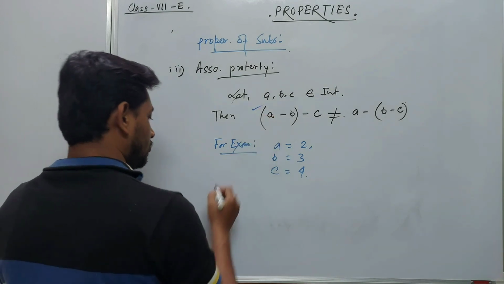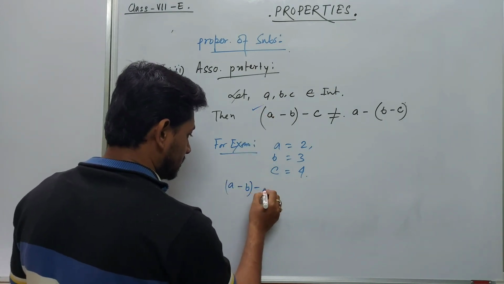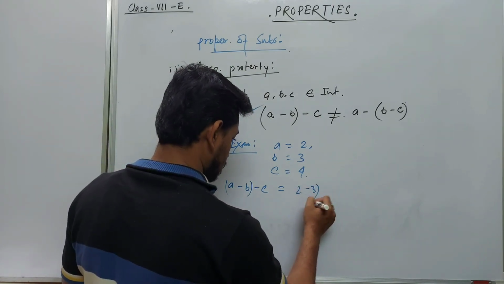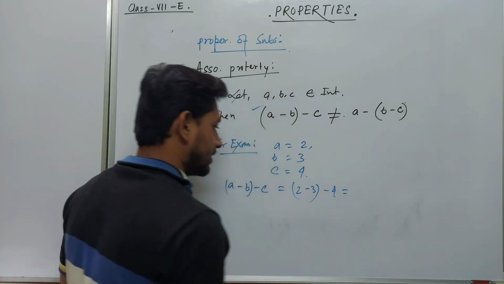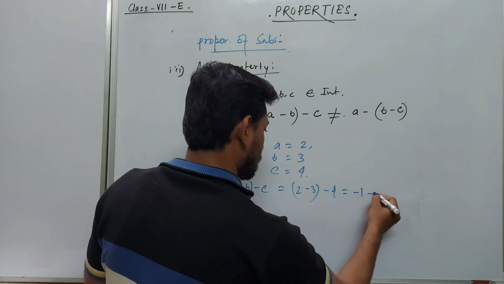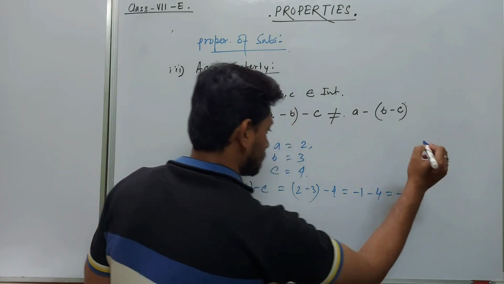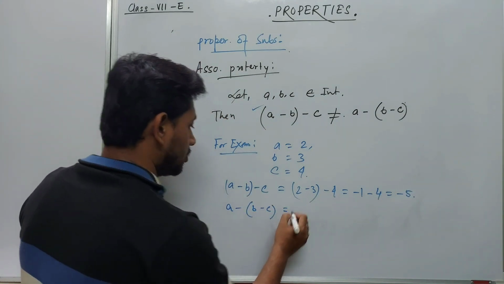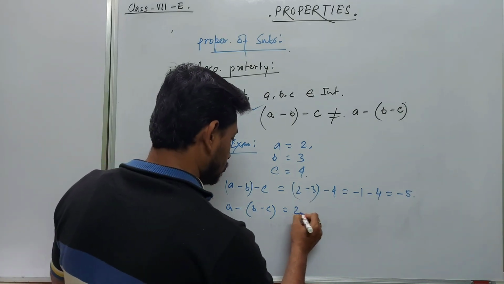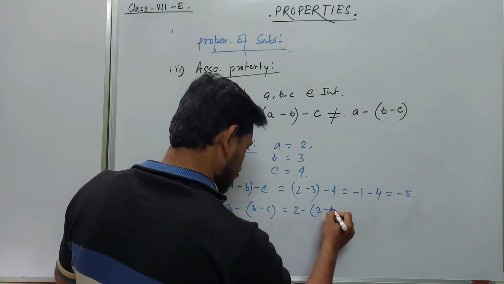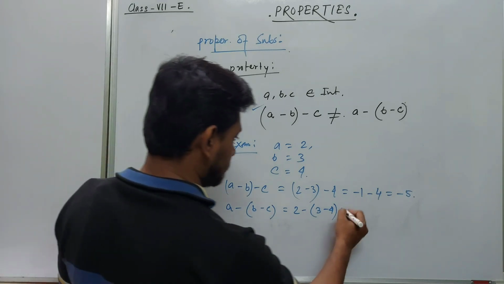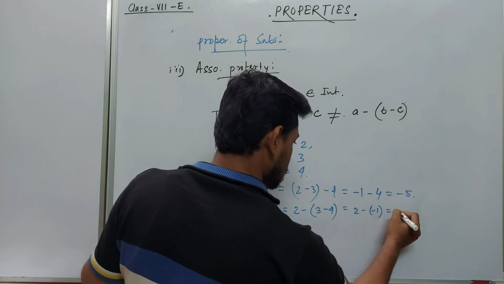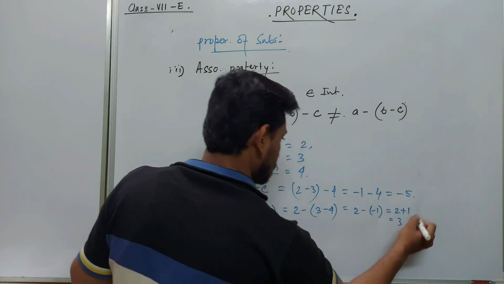First of all, we write down A minus B minus C. Put the value 2 minus 3 minus 4, that is minus 1 minus 4, that is, answer will be minus 5. And A minus B minus C, putting the value 2 minus 3 minus 4, that is 2 minus 1, that is 2 plus 1, that is 3.